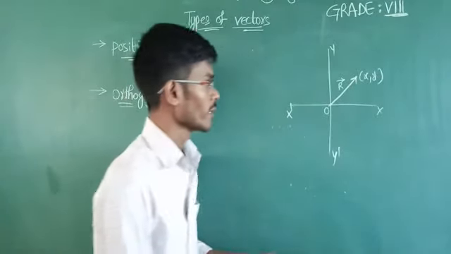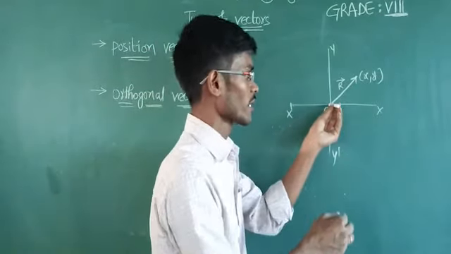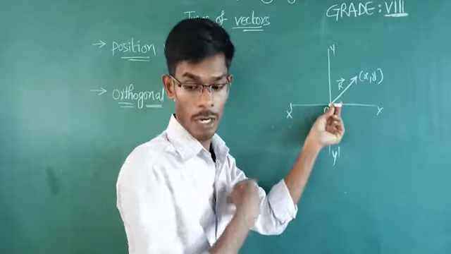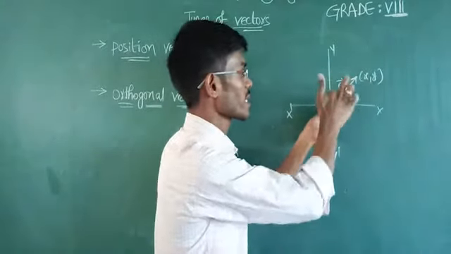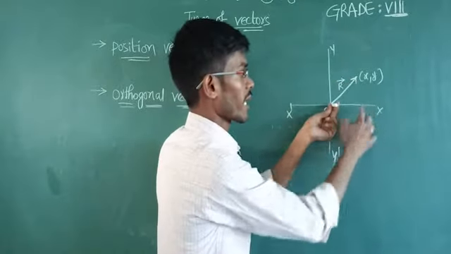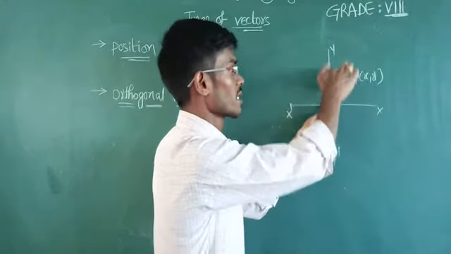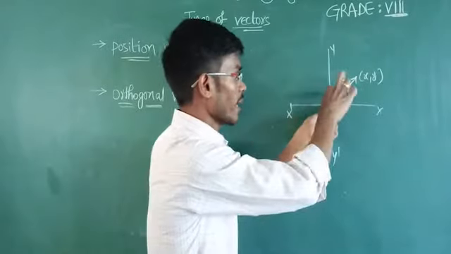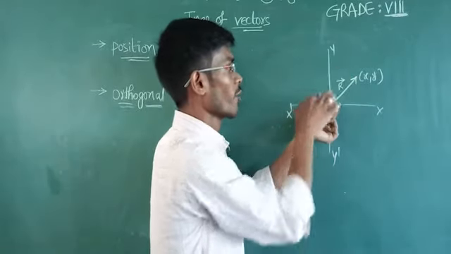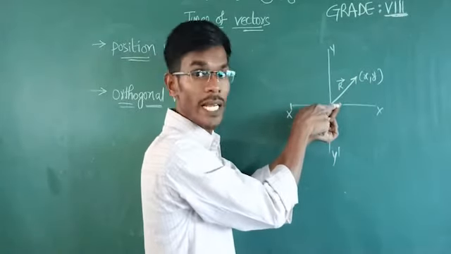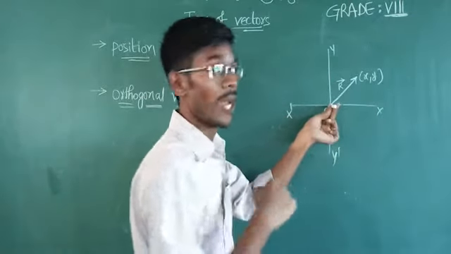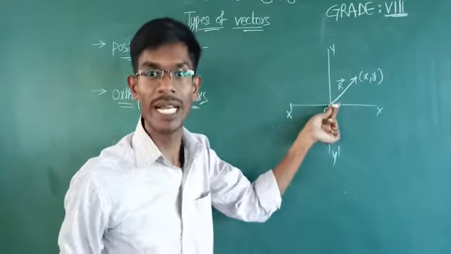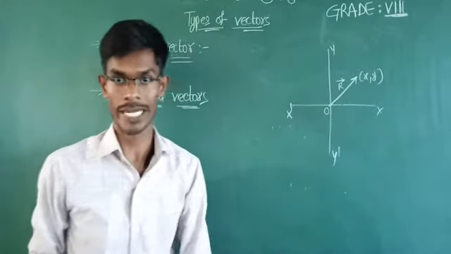Observe here, this outward direction will represent the z axis, then x axis, y axis. This is one corner and this is another side and this is another side. Then the x axis is mutually perpendicular to the y axis, which is mutually perpendicular to z, and this z axis is mutually perpendicular to x. These types of vectors we will call orthogonal vectors.